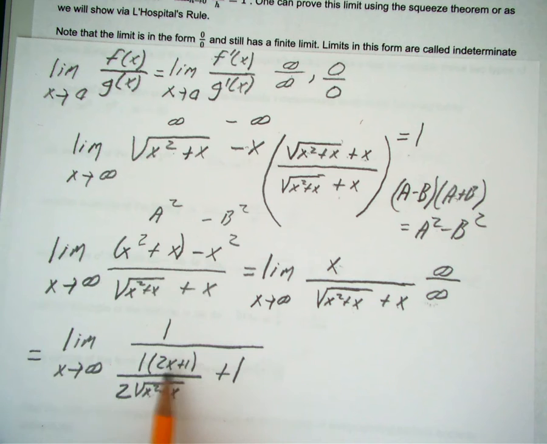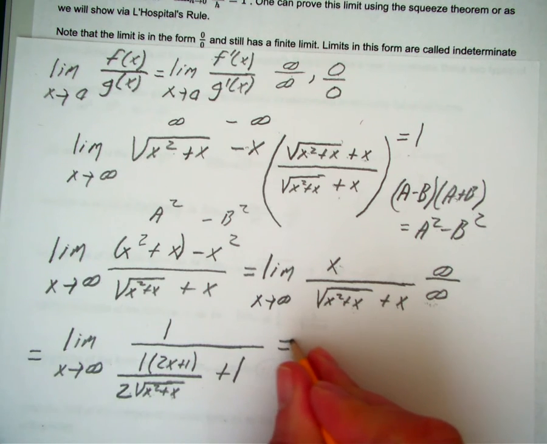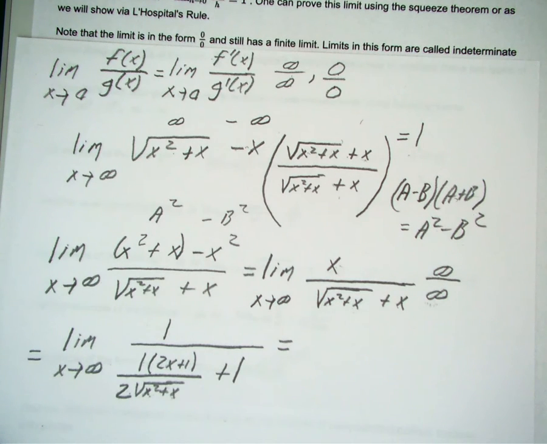And then also this 2 would cancel. And so this limit, just think of this as the square root of x squared, all right? Well, the square root of x squared is just x. And so what you have is 2x over 2x here roughly. Now in the limit, this other term's not going to make any difference.